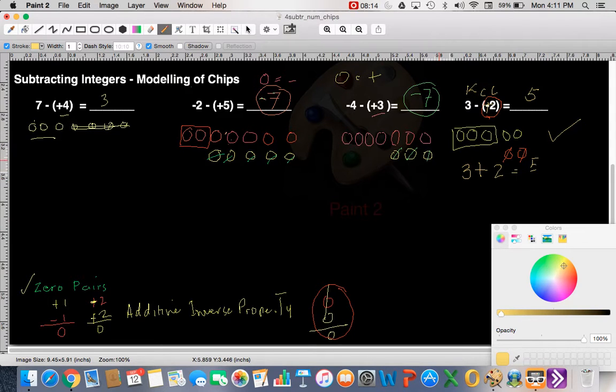Check. So here, if you KCC this, keep negative 4, change this into positive, and this would be negative 3. You will end up adding two negative numbers, which you add and keep the sign, because same sign. This would be negative 7.